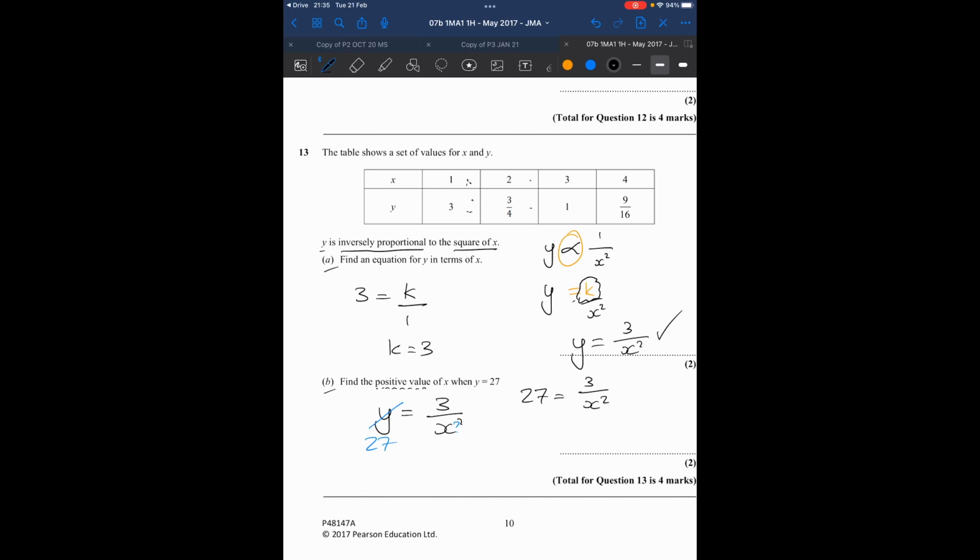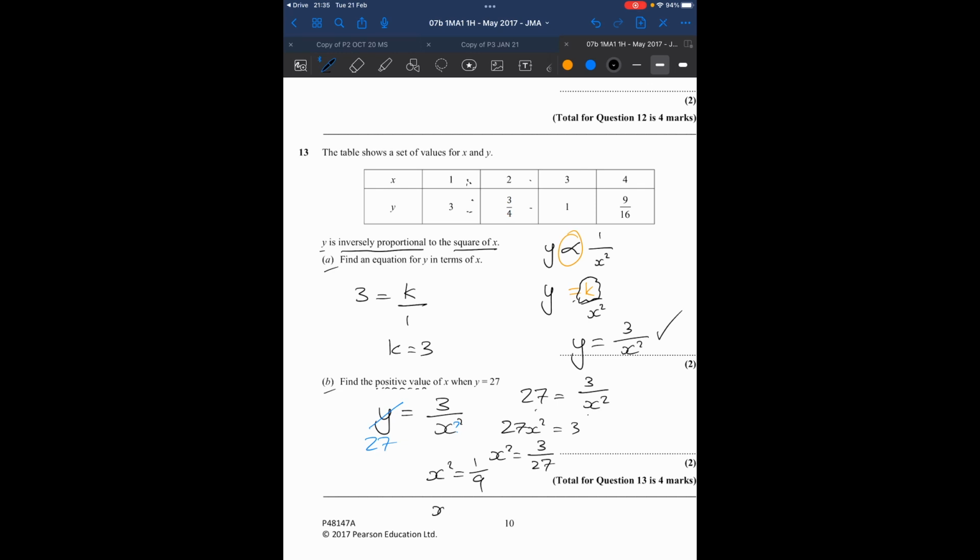How can I fix this? Well, you can times by x squared both sides to do 27x squared equals 3. And then you could divide by 27 both sides. So you get x squared is 3 over 27. You can simplify that, can't you? 3 goes into both, it is in fact 1/9.